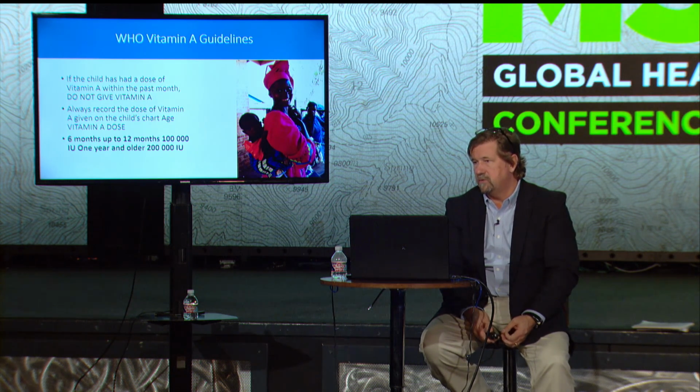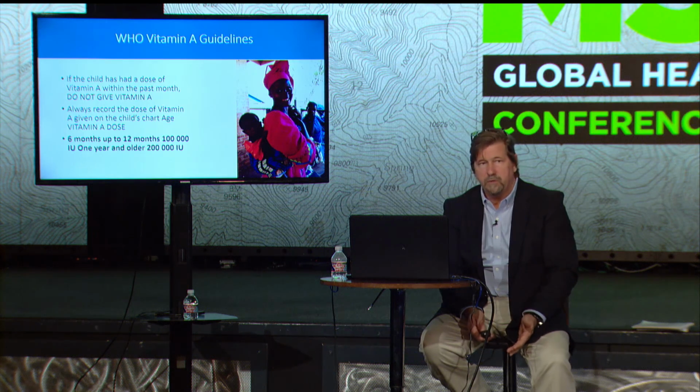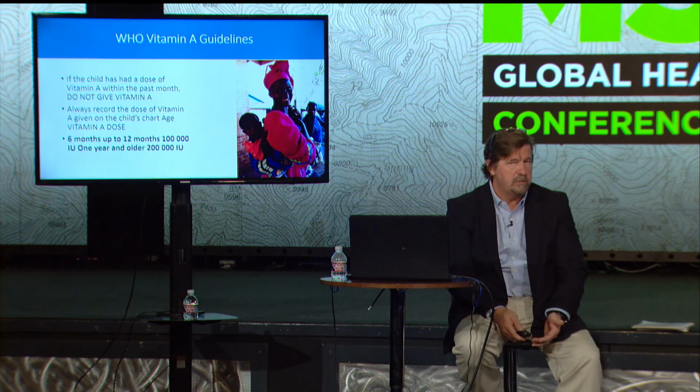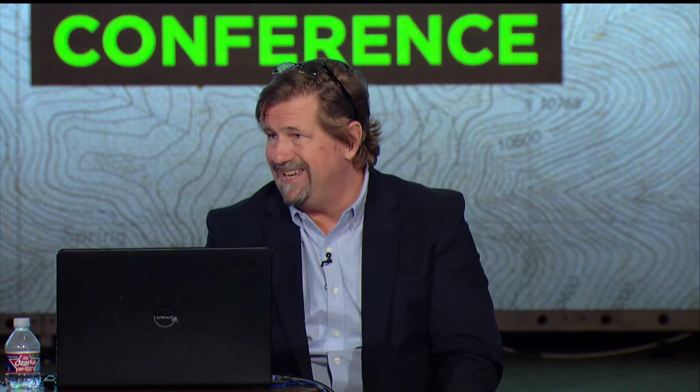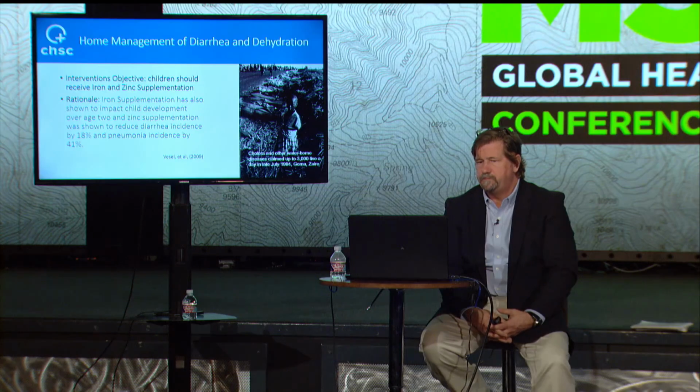So there's a lot to this that we really need to look at and take very seriously. So this is still the World Health Organization guideline and recommendation. And if you're treating kids under 5 in the developing world, I would say you really do your best to sustain this.